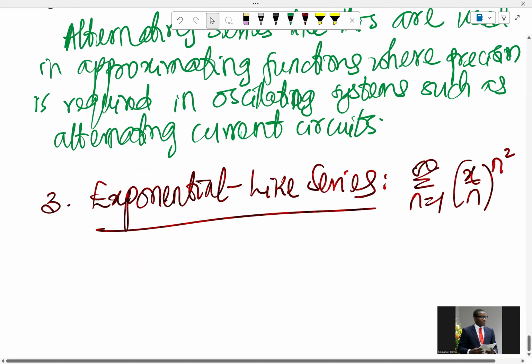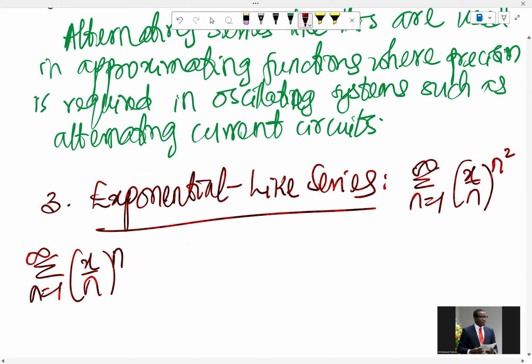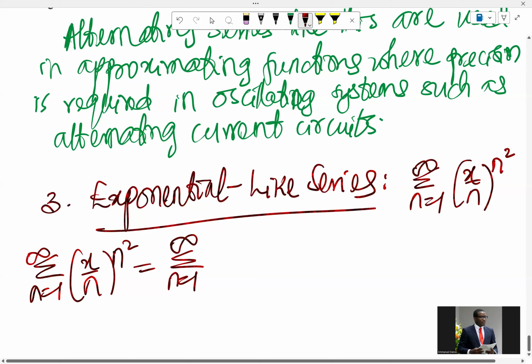Of course, that's like the summation from n equals 1 to infinity of x raised to the power n, all raised to the power n squared. If you want to rewrite that, we can bring out 1 over n raised to the power n squared, then you have x raised to the power n squared again.